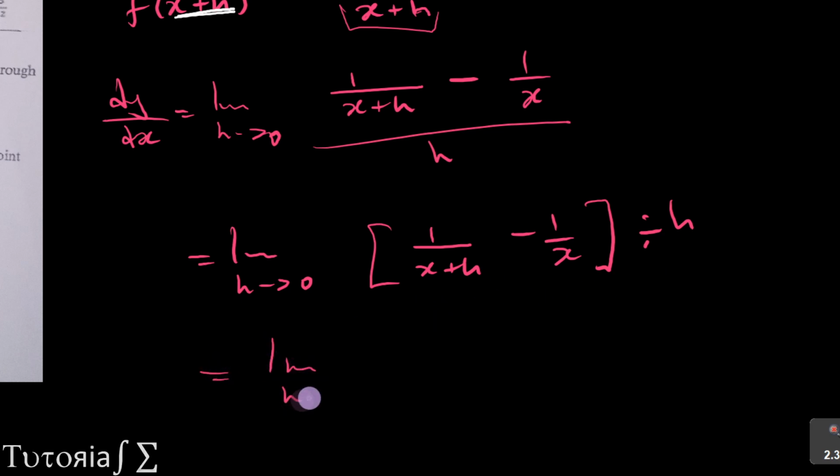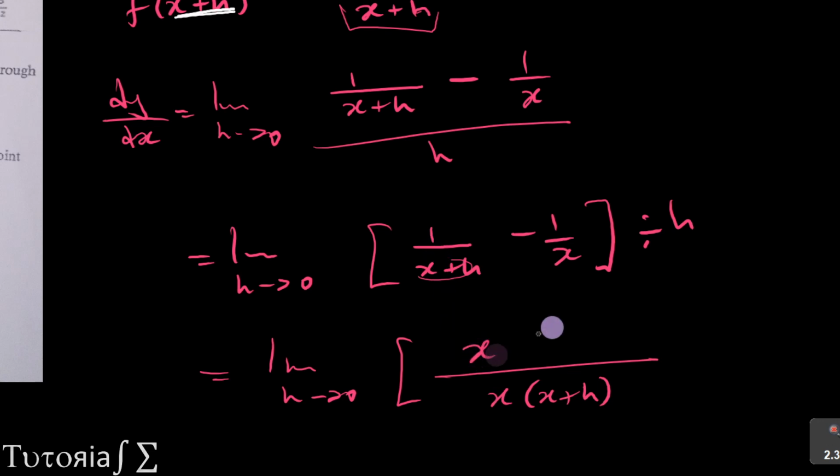This will be the limit as h approaches 0 of, the common denominator is x times x plus h. This into there is just x, and this into there is x plus h, so minus x plus h, like that. Then we can change division to multiplication by considering the reciprocal, which is 1 over h.